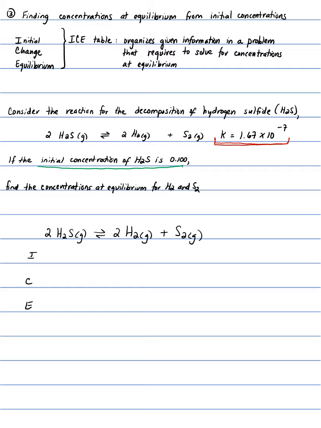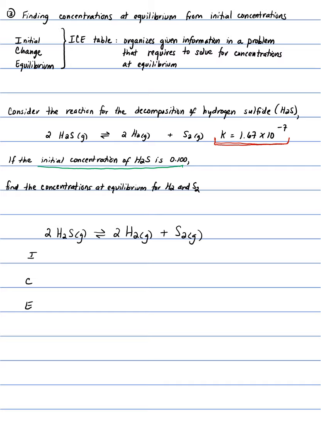So when we're working with an ICE table, this is the arrangement that we need to follow: ICE, initial, the change, and at equilibrium. Initial means initial concentration. If you check your problem right there, you have an initial concentration for H2S. It's given.